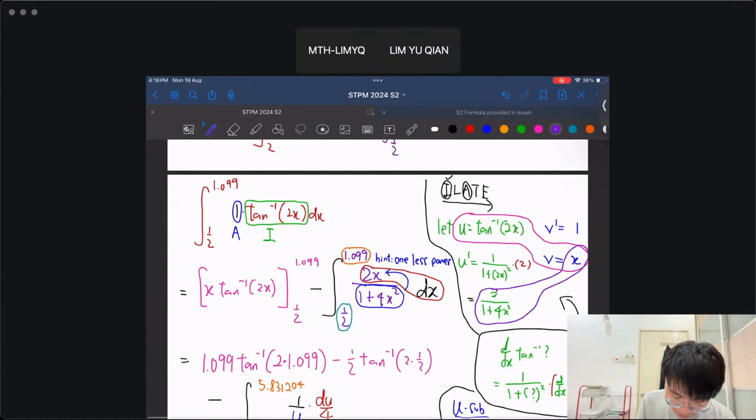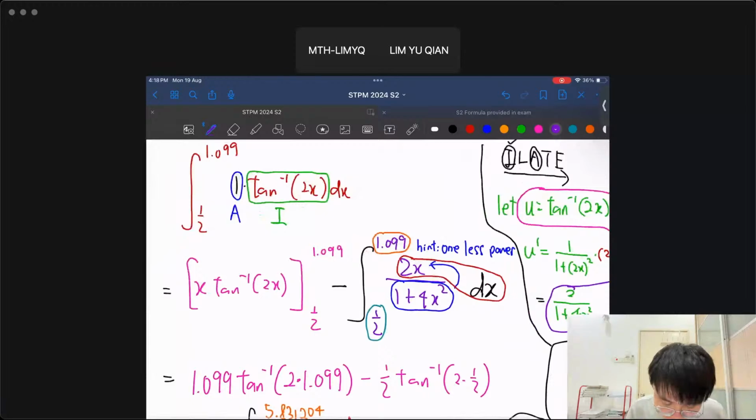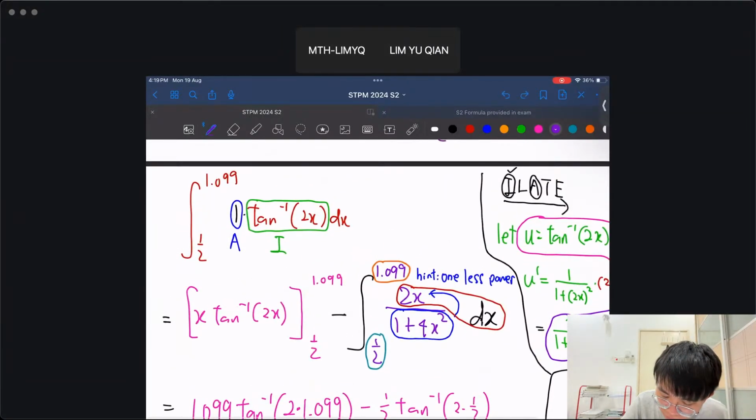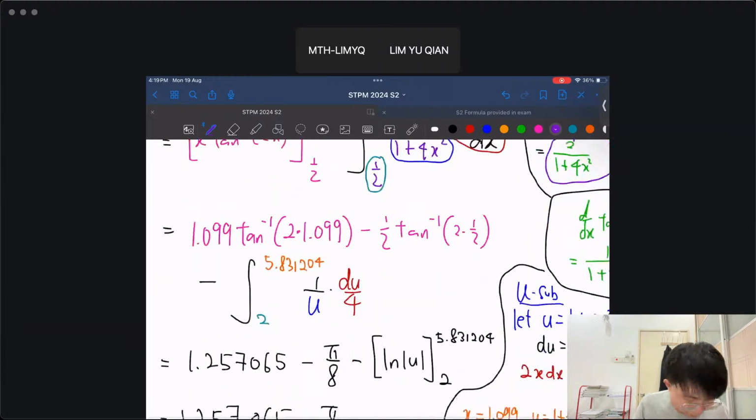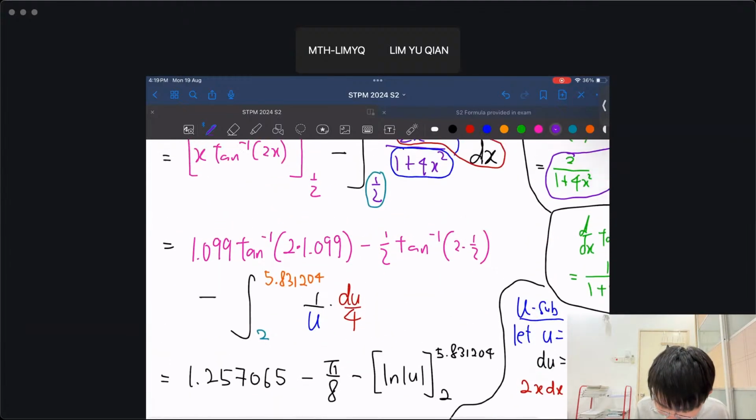Let's check properly. 1.099 times arctangent 2 times 1.099. Okay, this one is 1.525 something. Correct.